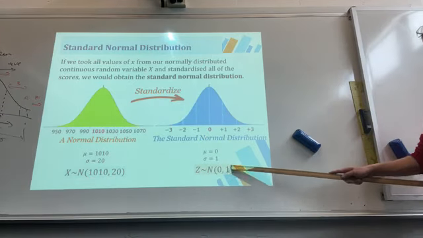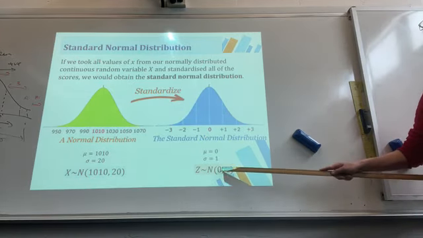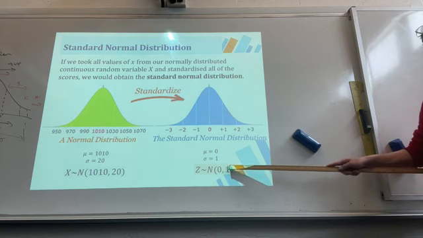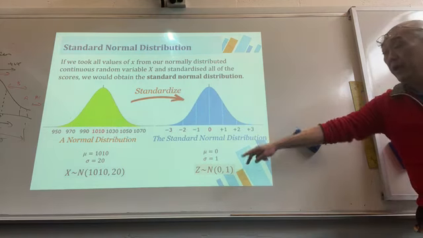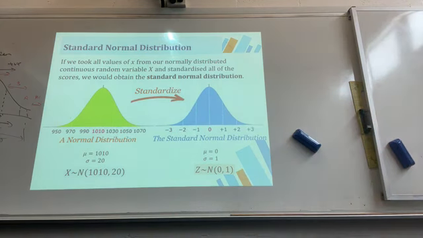Whereas for the z-score, the mean is 0 and the variance is 1, so I leave it as 1. I don't have to write it as 1 squared. Whereas that, I should have written out as 20 squared. My fault. I'll change it a little bit later. There should be a square there. Can you change it in your notes, please? There should be a square there. All right?